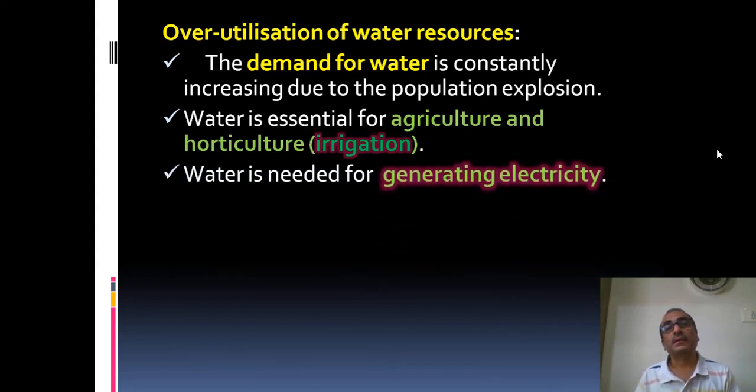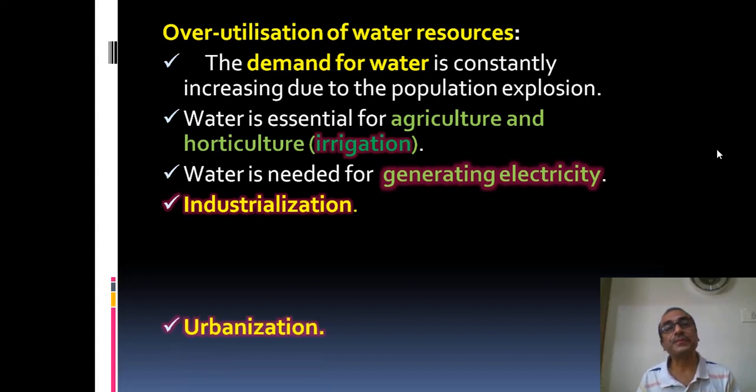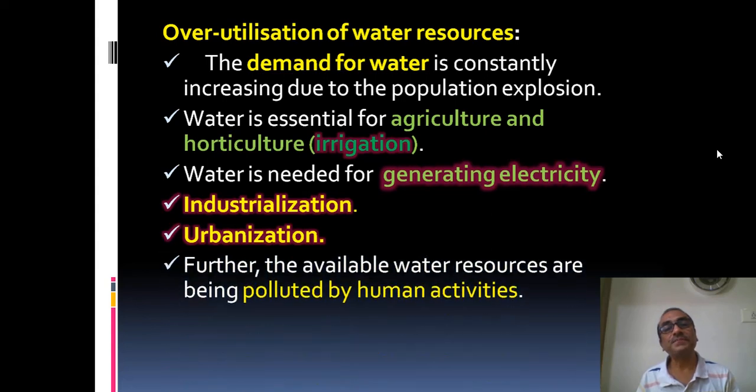And we know that the water is also needed for generating electricity, that is in hydroelectric power stations, and further the utilization of water has increased because of the industrialization, then urbanization.